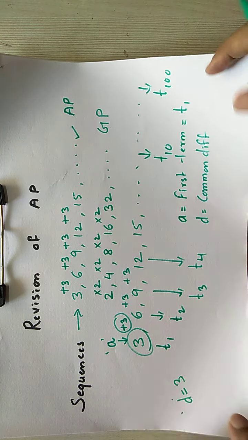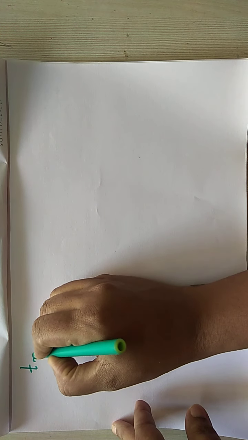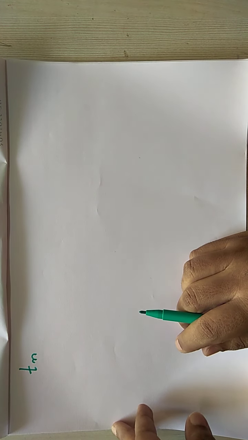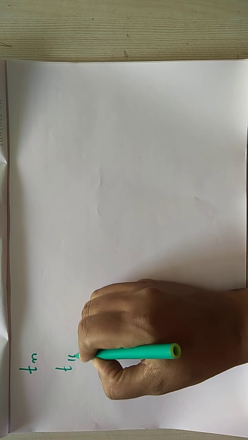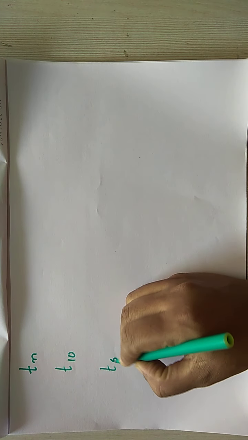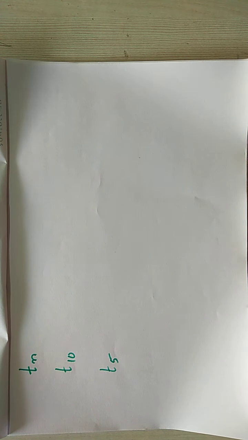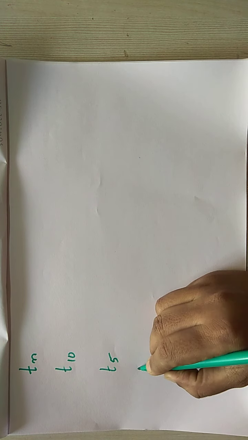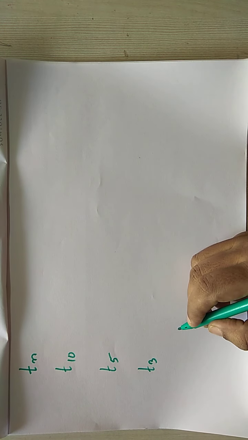Now after learning this, we learned the formula to calculate Tn. Tn means the nth term of an AP. It can be T10, which means the 10th term of the AP. It can be T5, the 5th term. It can be T3, the 3rd term.